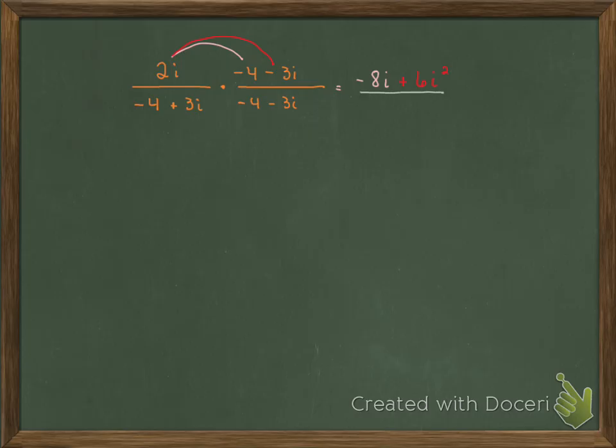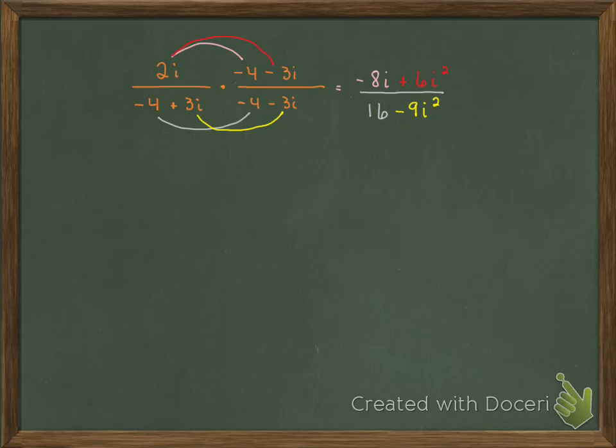Okay, now we're going to distribute the real parts of the denominator. So -4 times -4 is 16. And then the imaginary parts. So minus 9i squared.